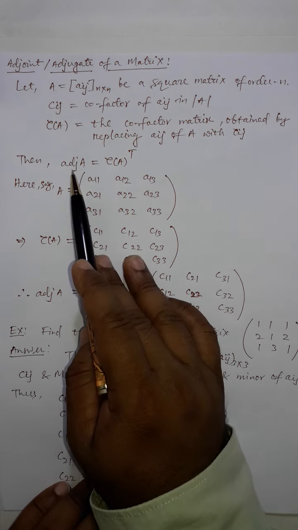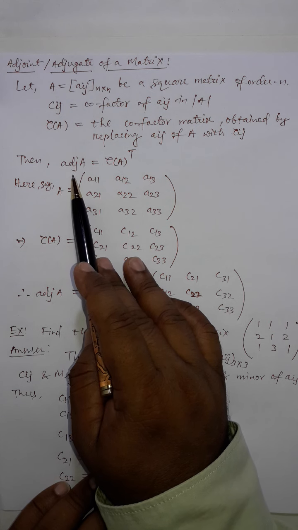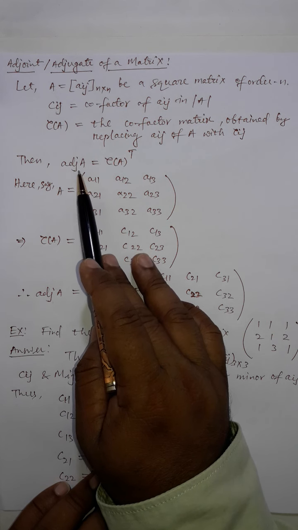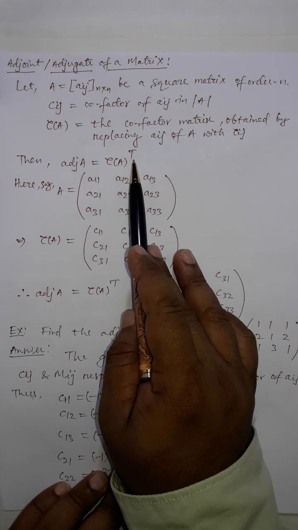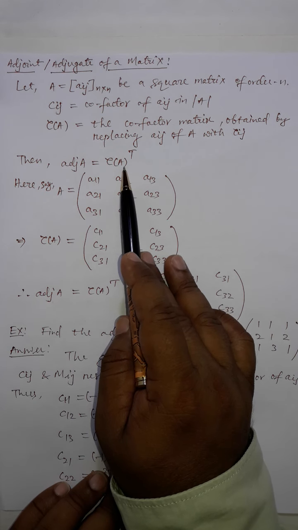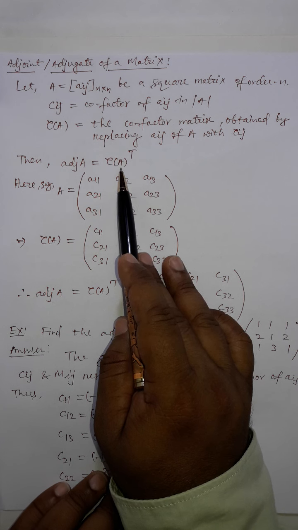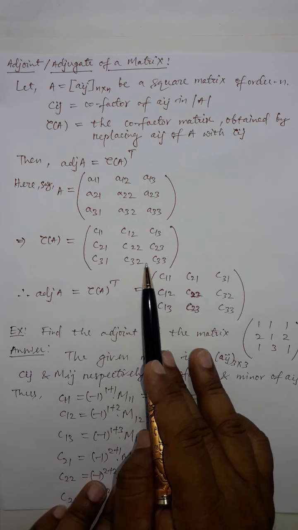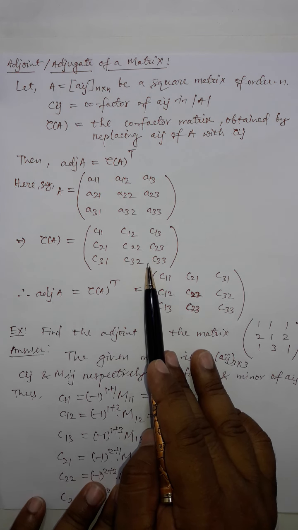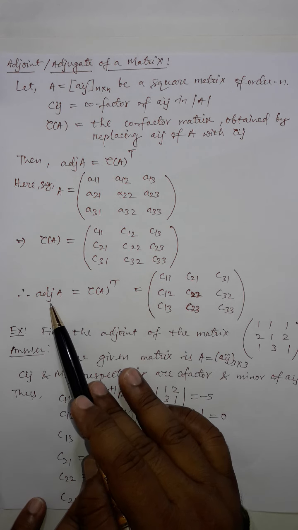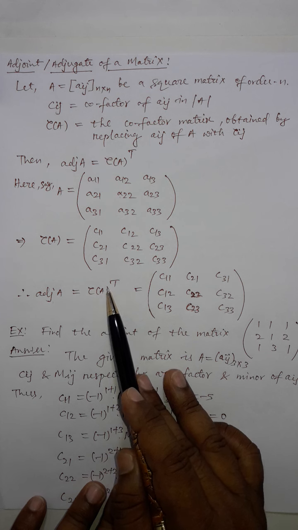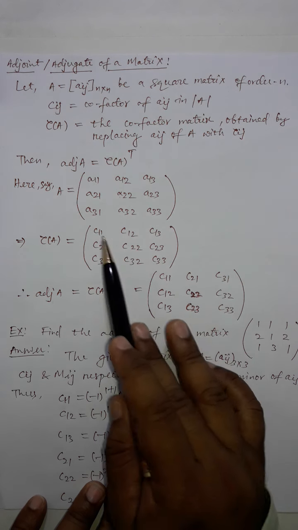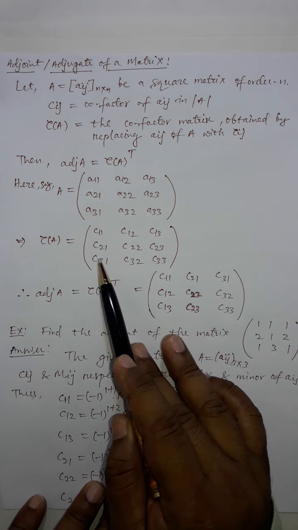So, friends, now come to the definition or formula of the adjoint of a matrix. The adjoint of a square matrix A is nothing but the transpose of the cofactor matrix of the matrix A. That means, after getting the cofactor matrix of A, you just have to find the transpose of this cofactor matrix.